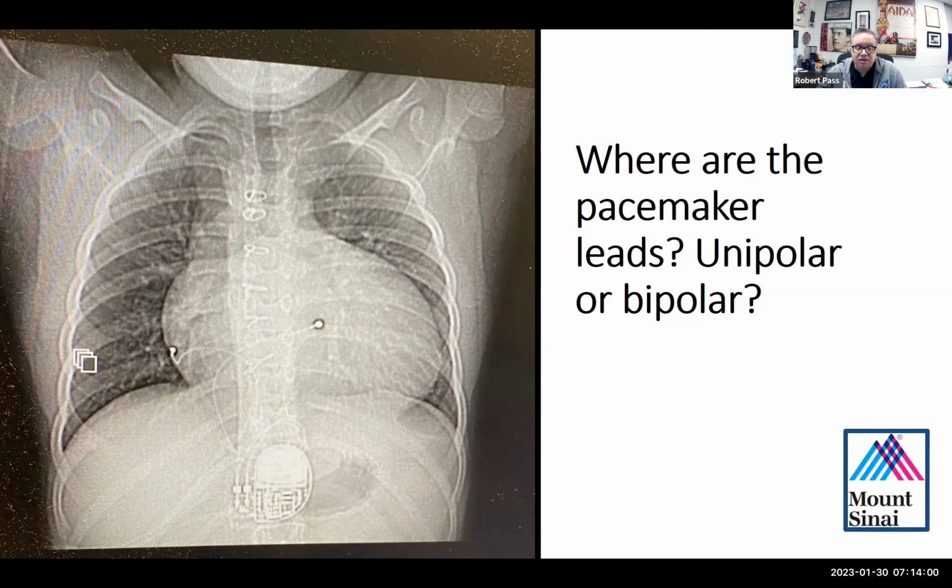But sometimes, can you think of any reasons why a surgeon would put unipolar in? I mean, in bipolar, just so you understand, the lead looks very similar to this, except there's two pods for each lead. So it bifurcates and there's two little pods that have to be sewn onto the heart instead of one. Any thoughts on why a surgeon might put unipolar versus bipolar in?